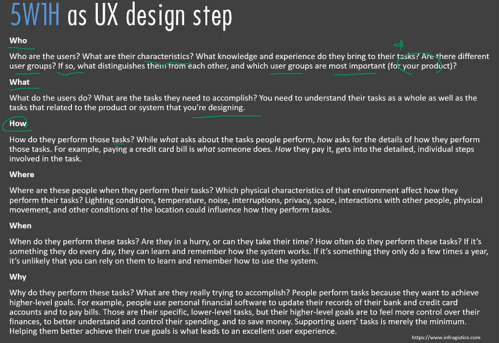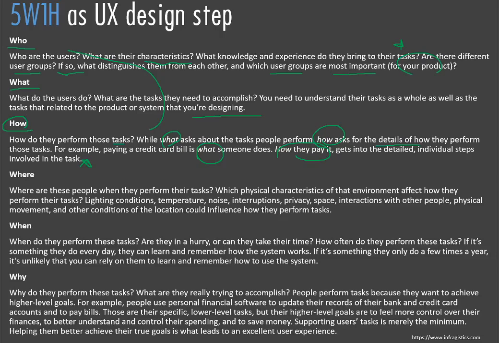While what asks about the tasks people perform, how asks for the details of how they perform those tasks. For example, paying a credit card bill is what someone does. Well, how they paid gets into the detailed individual steps involved in the task.